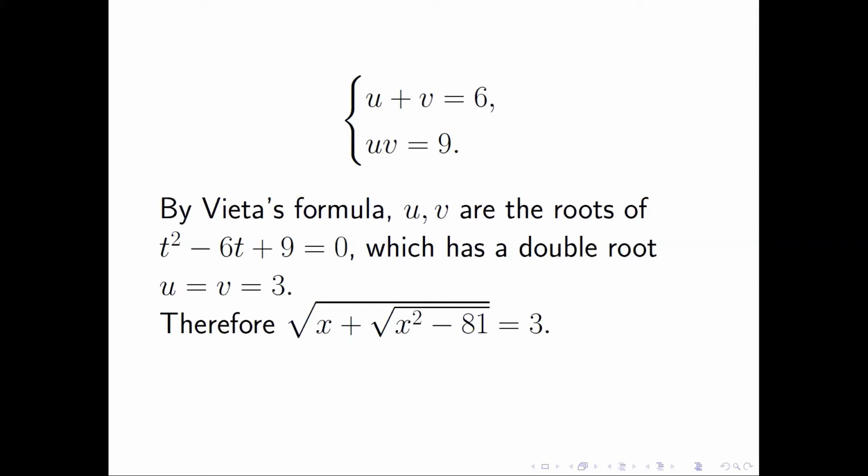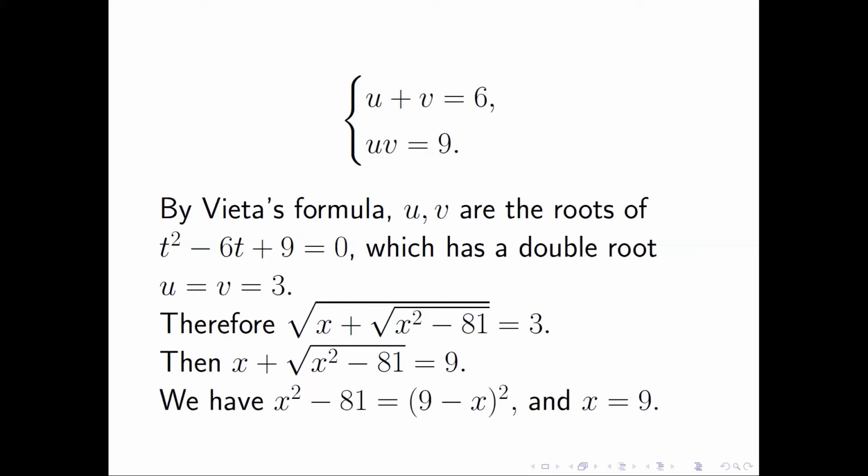The embedded square root is 3. We square both sides. We have x plus the square root of x squared minus 81 equals 3 squared, which is 9. We move x to the other side and square again. We have x squared minus 81 equals 9 minus x squared.